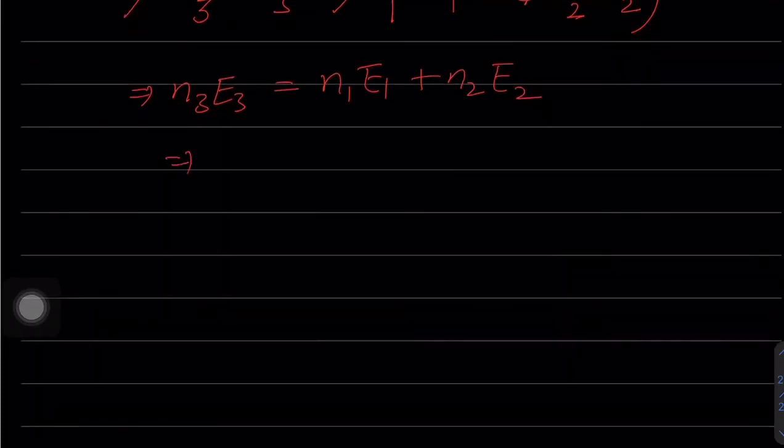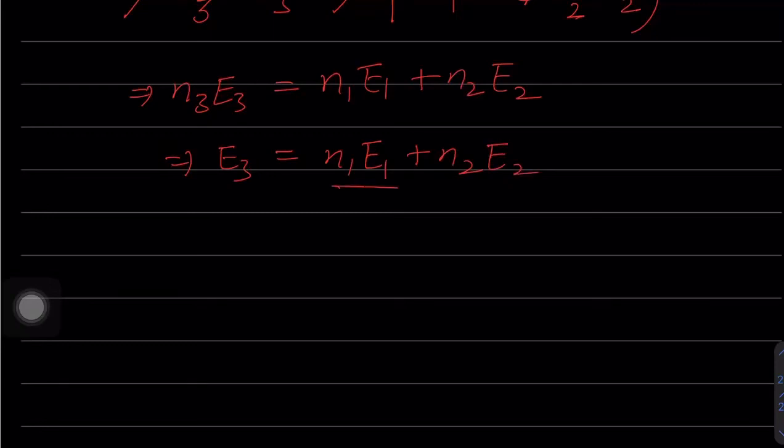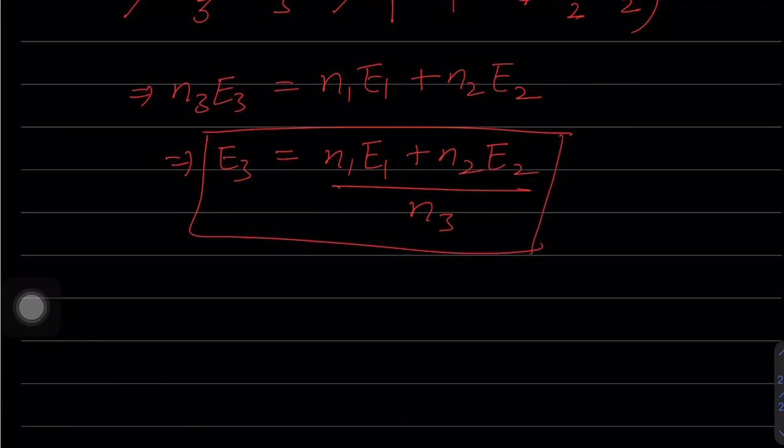This implies E3 will be equal to N1E1 plus N2E2 upon N3. Everybody understands that? So it is not additive. It should be written like this, whatever you want to use. The final will be this one.